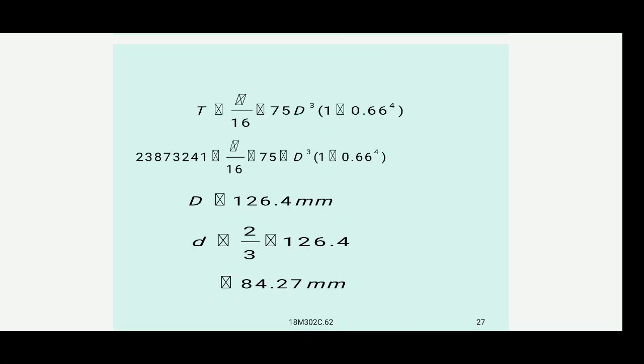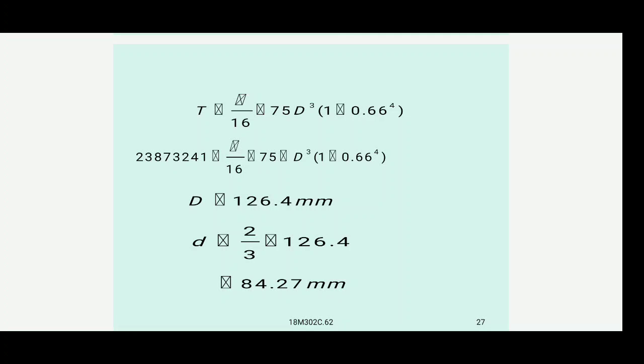So we can substitute the torque here and find out capital D. D is equal to 126.4 mm. Small d is equal to 2 by 3 into 126.4, so 84.27 mm. That is the small d.